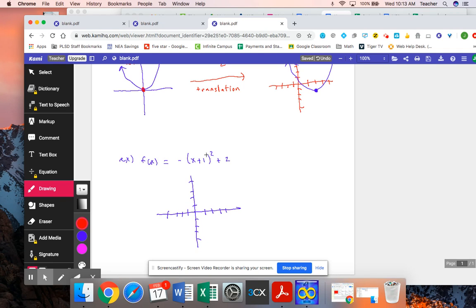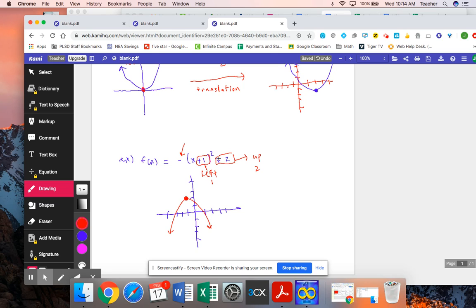Now this thing says that I should go to the left 1 and then go up 2. That's what these say. Remember, it's the opposite of what's on the inside, but the exact thing on the outside. So if I start here, I move to the left 1, go up 2. And instead of making my parabola going upwards, remember, this negative tells me I should make it go downwards.